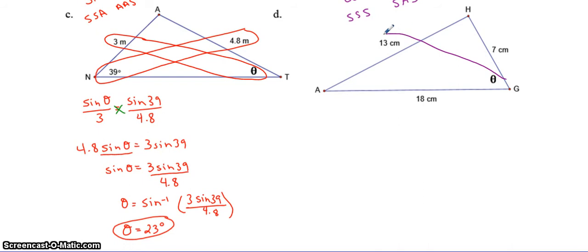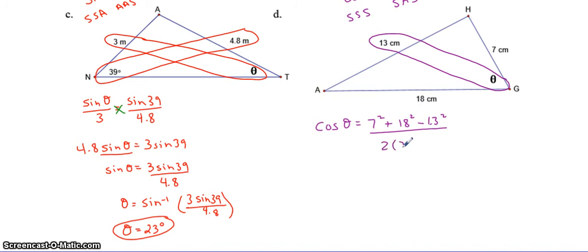And the side that you want to keep in mind is the side that's opposite the angle, because that is the only side that is negative. So cos theta is 7 squared plus 18 squared minus 13 squared. So that's the only one that's negative.